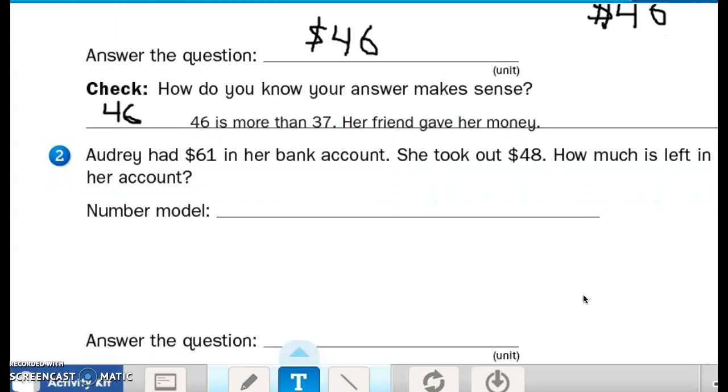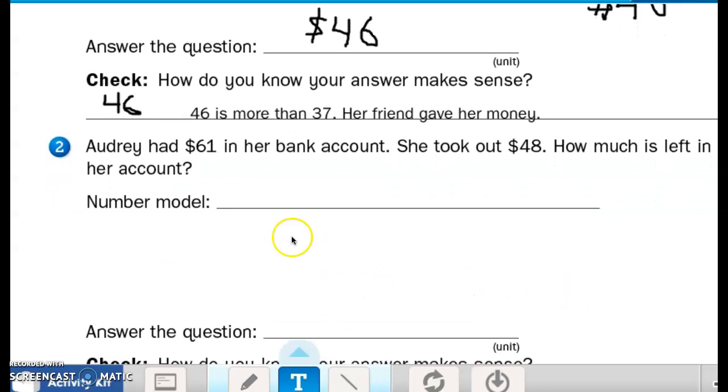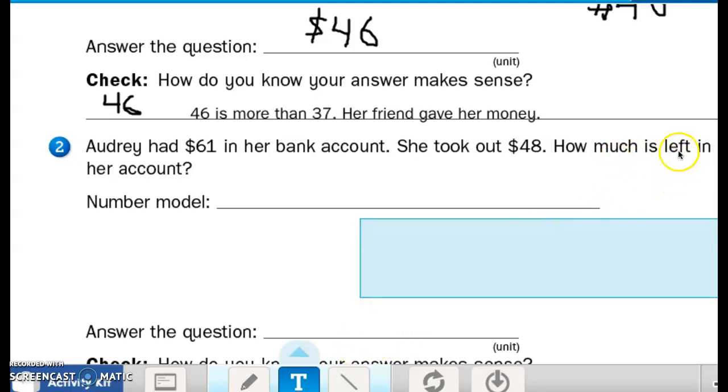Okay, let's go on to the next one. Audrey had $61 in her bank account. She took out $48. She took out, she didn't add, she took out $48. How much is left in her account? I always like to look for clue words, and when you hear the words how much is left, that is a clue word.